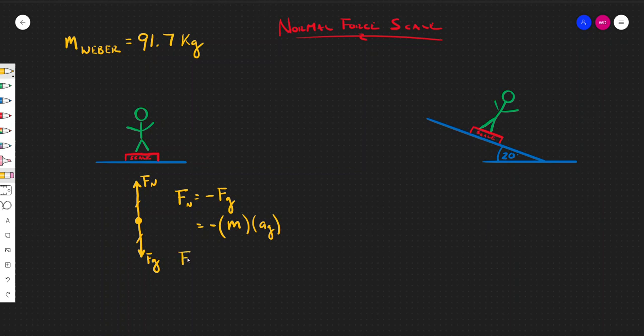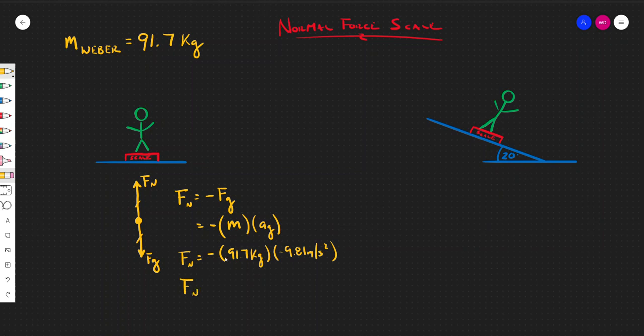So in this case, the normal force will be the opposite of 91.7 kilograms times 9.81 meters per second squared down. So negative times a negative, I'm going to end up with a positive answer. That's good because my normal force arrow points up.